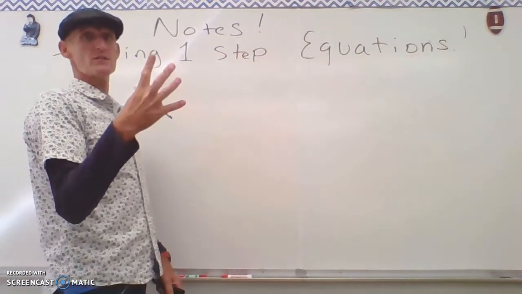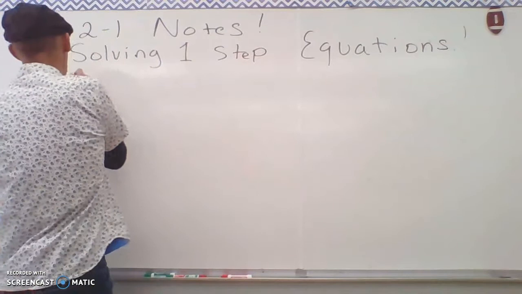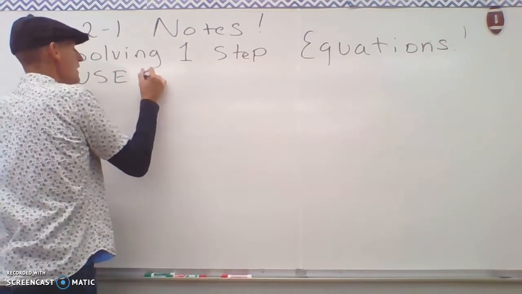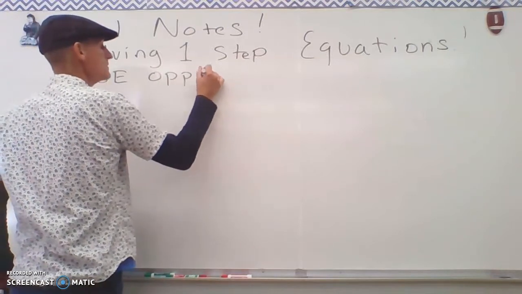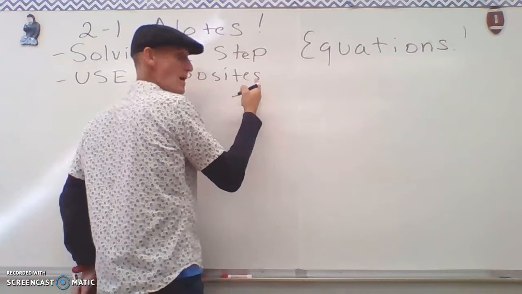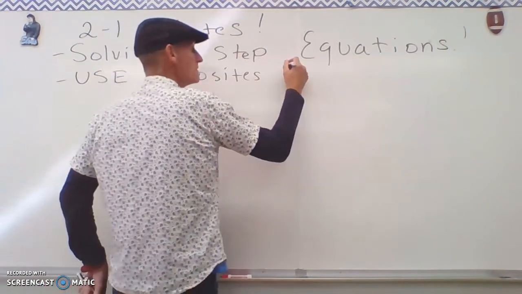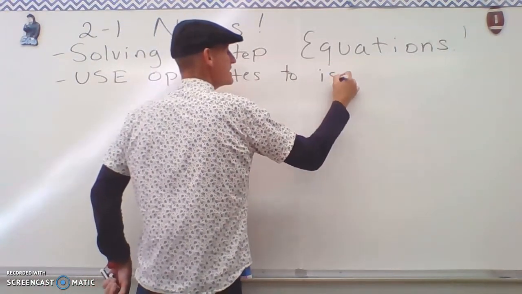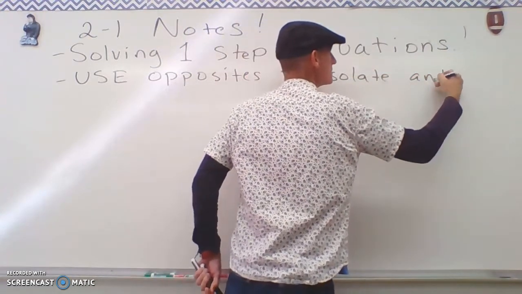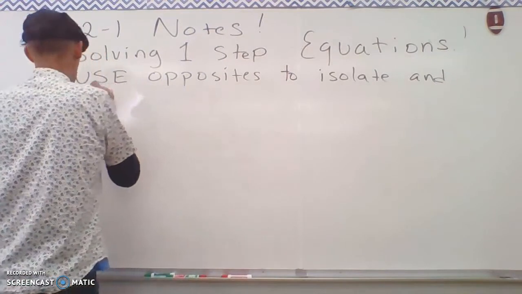There will be 4 examples. We're going to use opposites to isolate and combine.